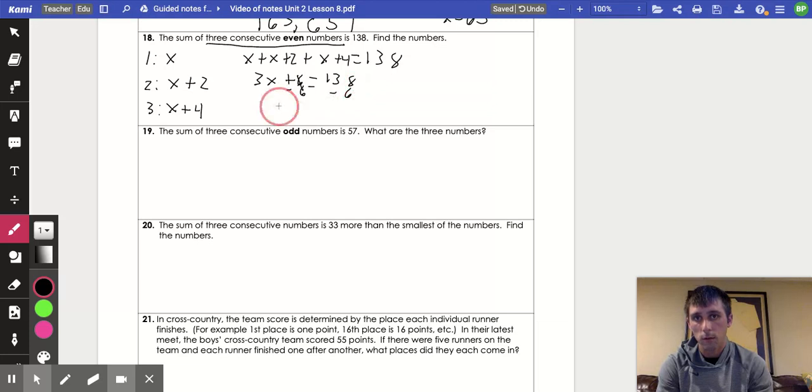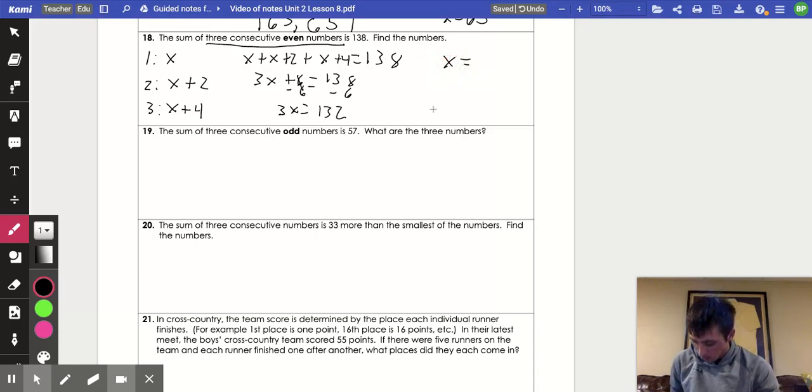Subtract 6. 3x equals 132. So 132 divided by 3 is 44. So the first number is 44.